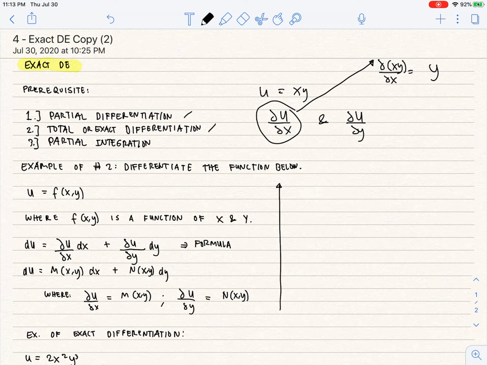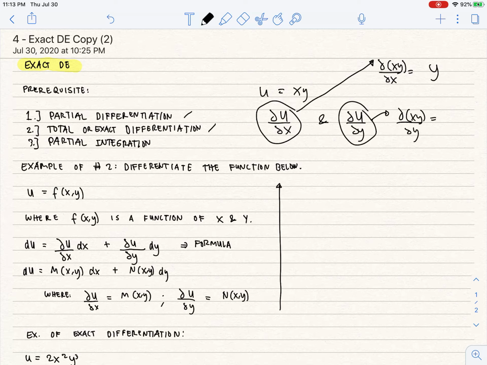Okay? Then for this one, the derivative of u, which is xy, with respect to y is equals to, so we are going to let other variables that are not y become a constant. So therefore x here is considered as one of the constants.